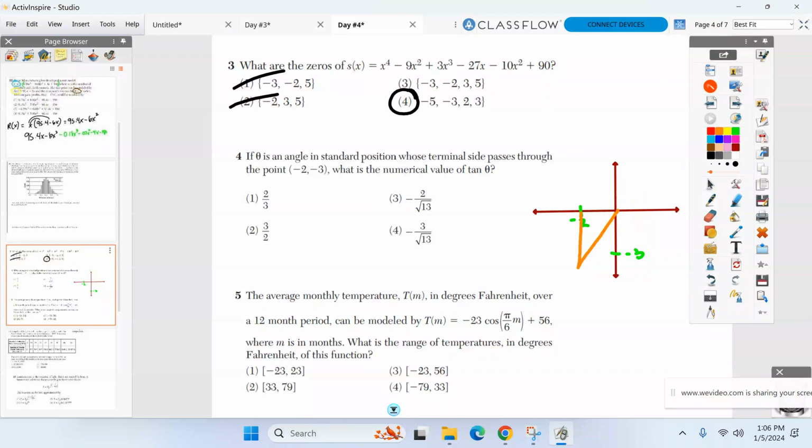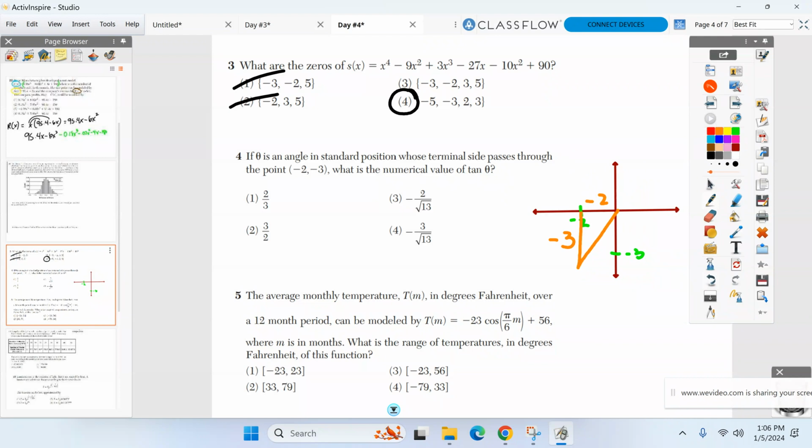That's why they gave you the point. -2 and -3. Why do I always do that one? I put it on the inside. Did you do that? What do you got next for me?